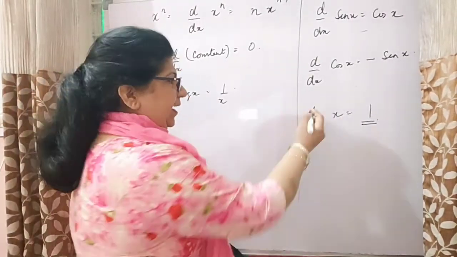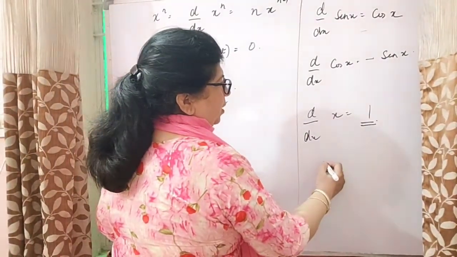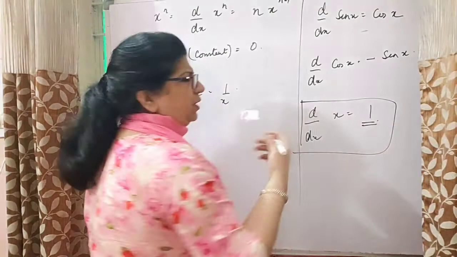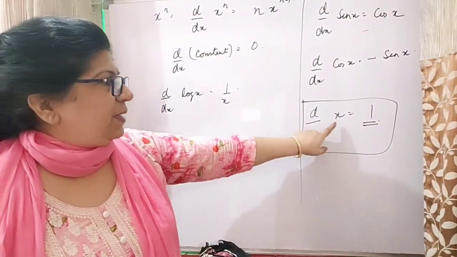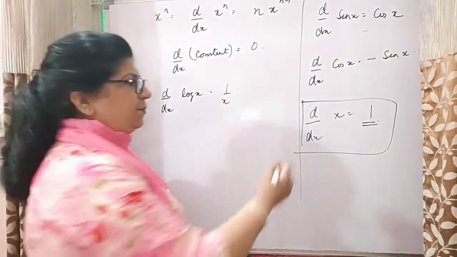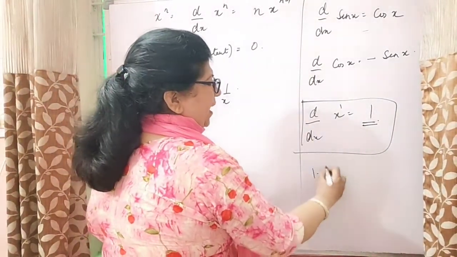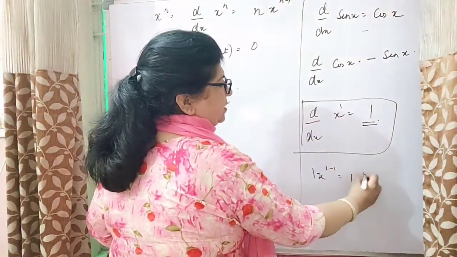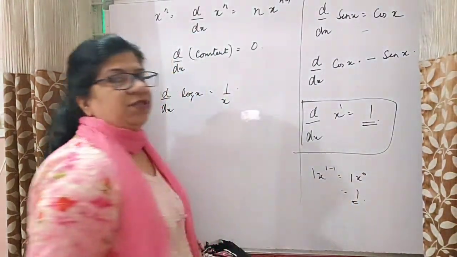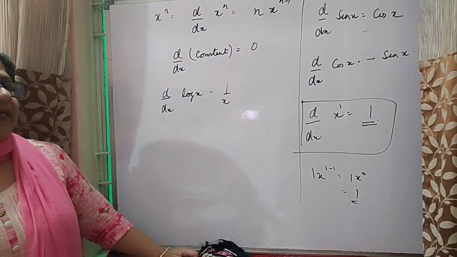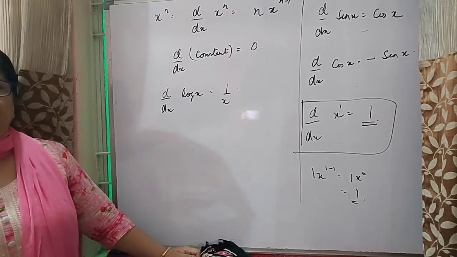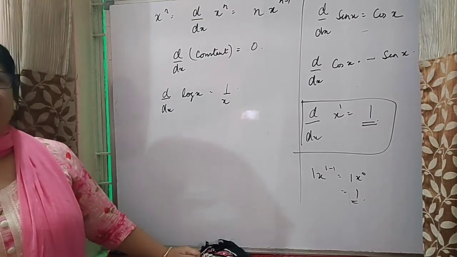So 1 कैसे दे देगा? You forget about the detailing, you just see what I'm writing here. वैसे भी अगर आप करना भी चाहें तो इसकी value 1 आ गई, तो 1x to the power 1 minus 1 will give you 1x to the power 0, and any number to the power of 0 is 1, so you get 1. So these values we need many a time, so it will be good that by practice or by learning you can learn these values.